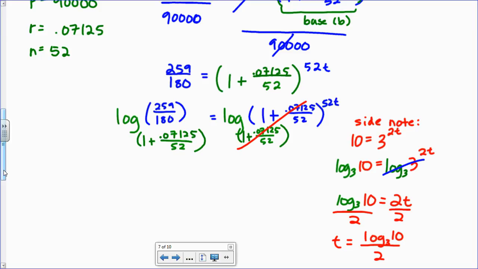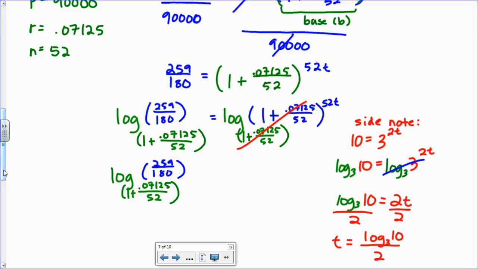This is just a number, okay? No variables here. We are just waiting to do our rounding to the end so we get the most accurate answer. It just doesn't look very pretty. So the 259 over 180 is the big number.